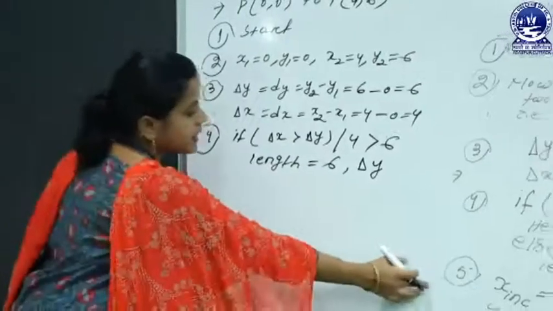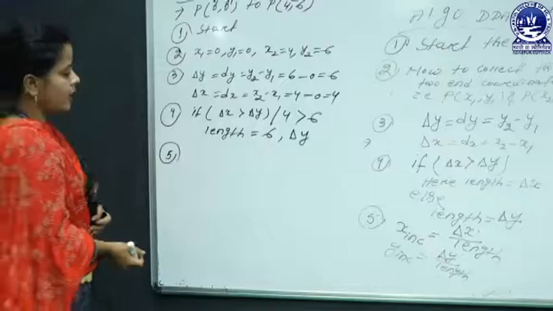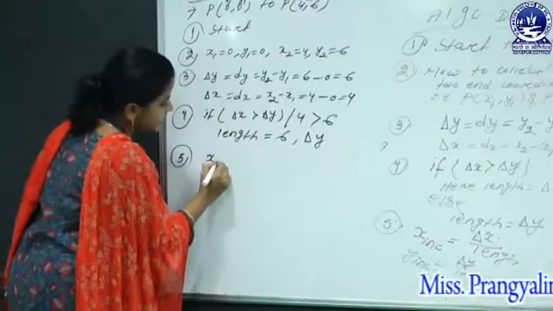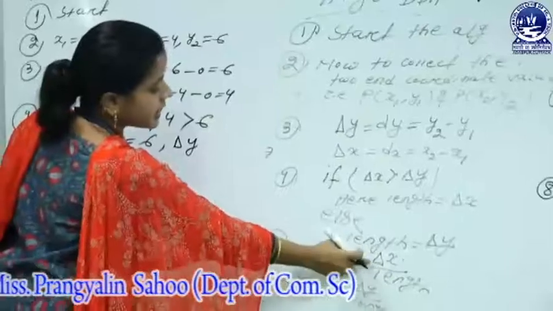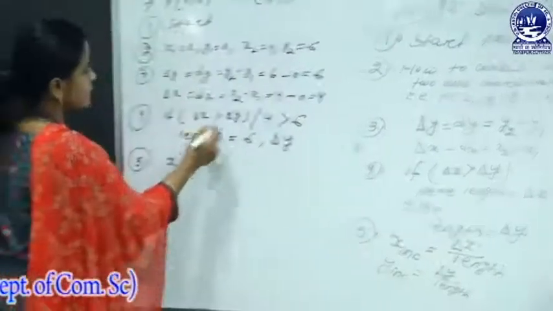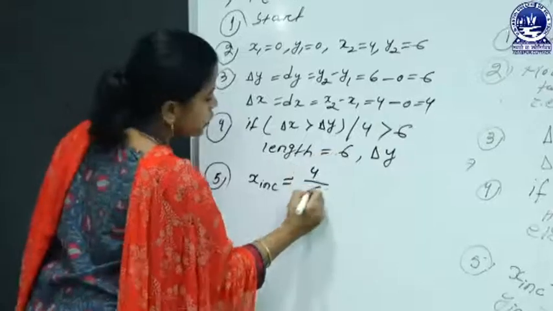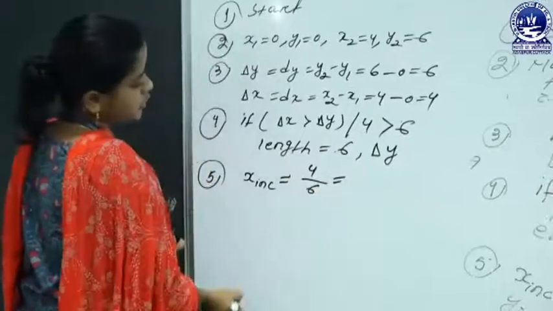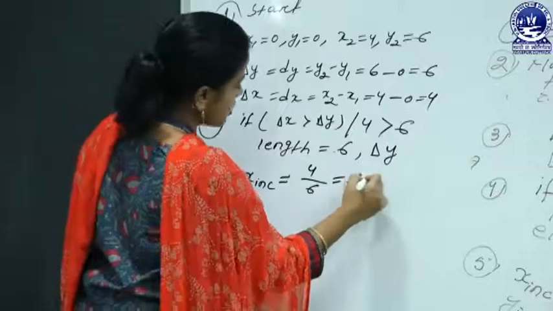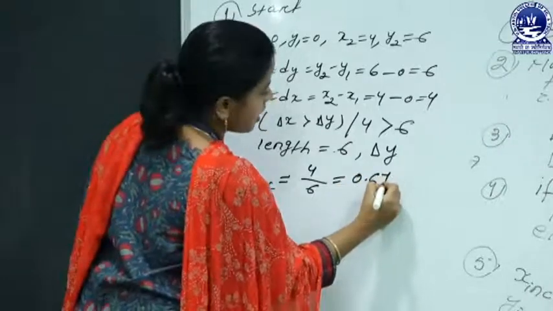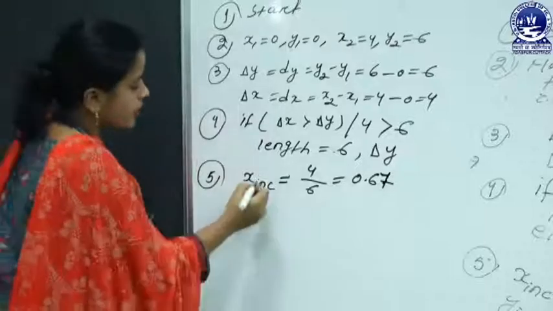Now go to the next step, finding the incremental values. The x incremental value formula is delta x by length. Delta x is 4 and length is 6, so 4 by 6 is 0.66 continuing, so the nearest value is 0.67.